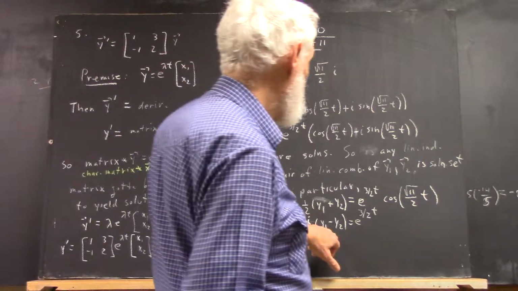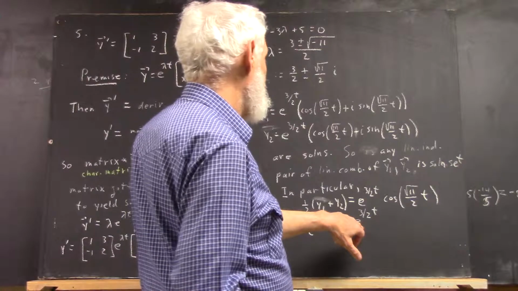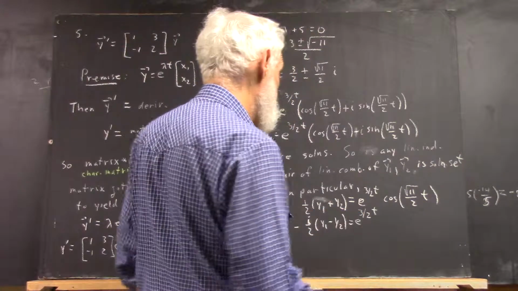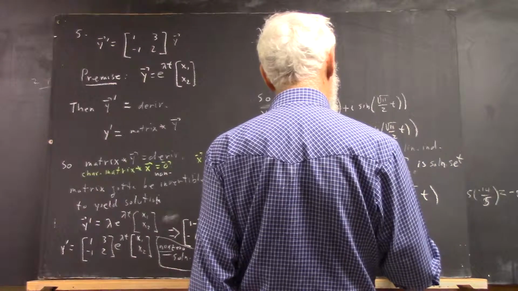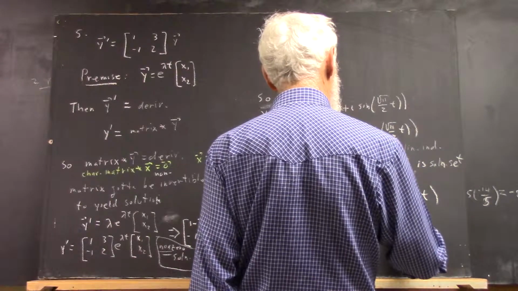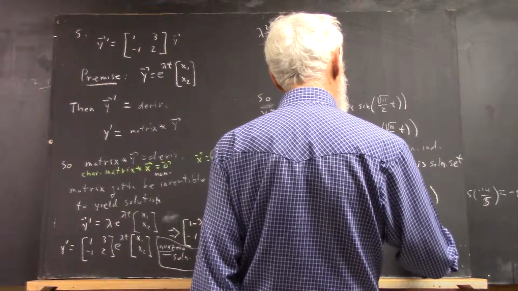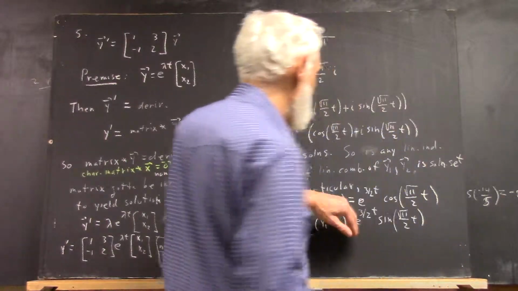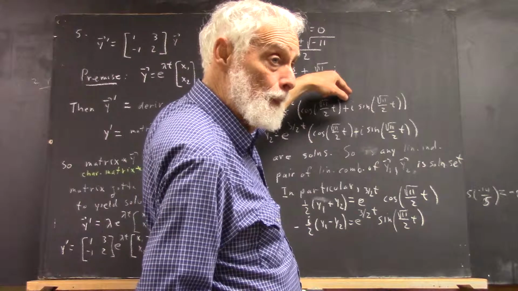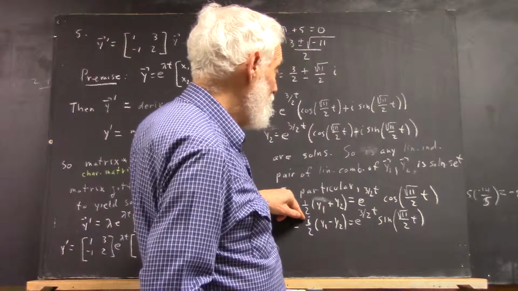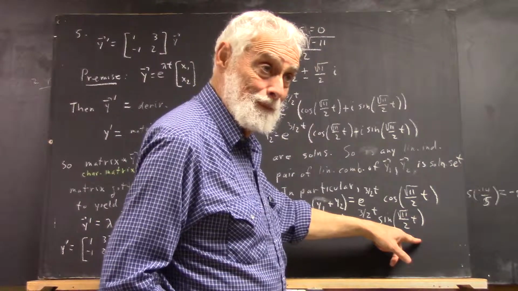But the y1 minus y2 gives me e to the 3/2 t times the sine of square root 11 over 2 times t, times the i, right? If I multiply by i, then I get a negative of this.